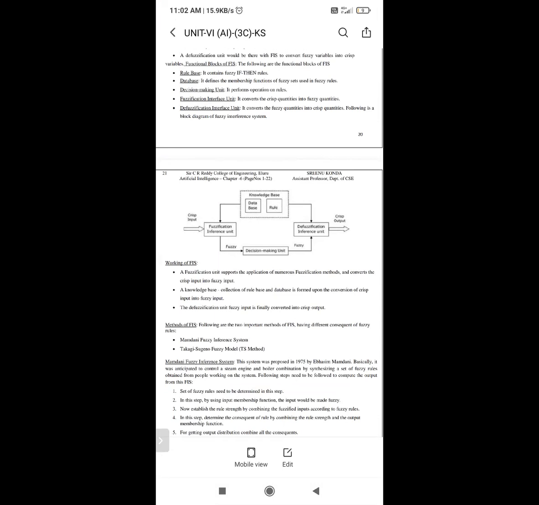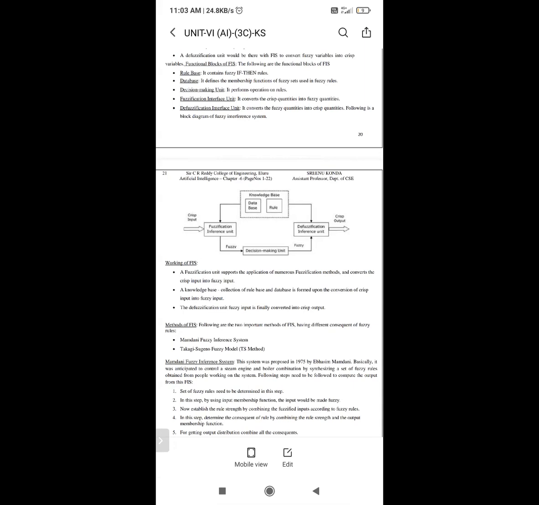So in order to convert the crisp input into fuzzy input, the fuzzification unit supports various fuzzification methods, and by using them it converts the crisp input into fuzzy input.